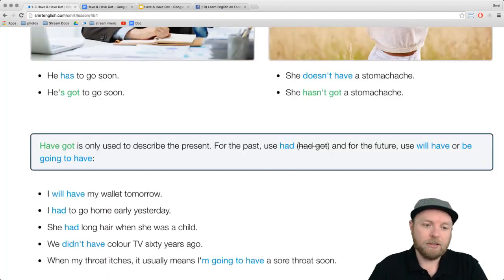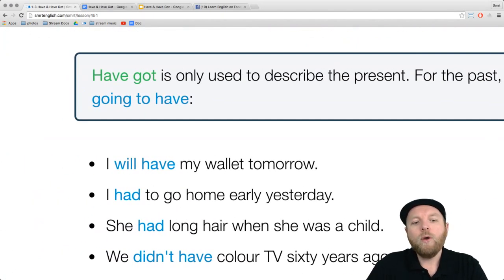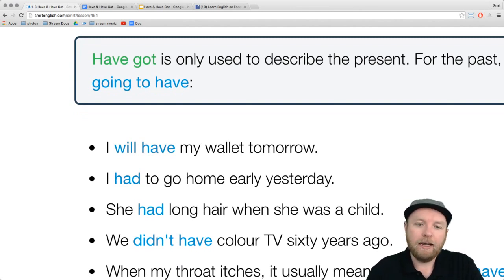Let's look at some examples. I will have got. No, don't say have got with will. So, for example, I will have my wallet, my money, tomorrow. I forgot my money today. I will have it tomorrow. I had to go home early yesterday.